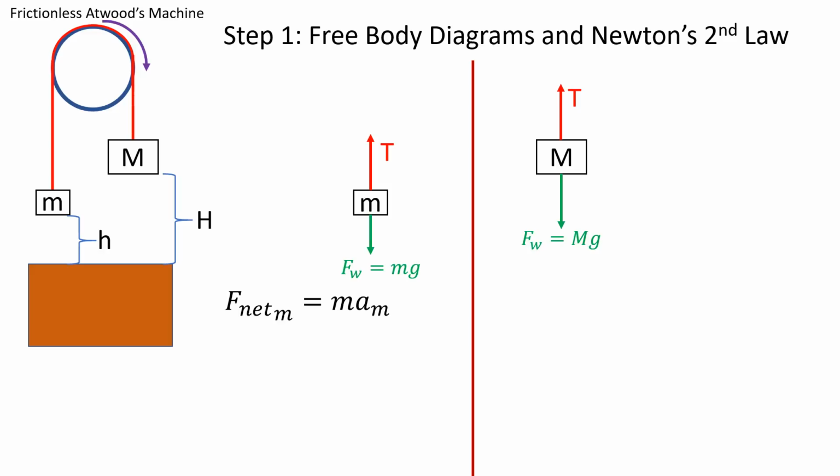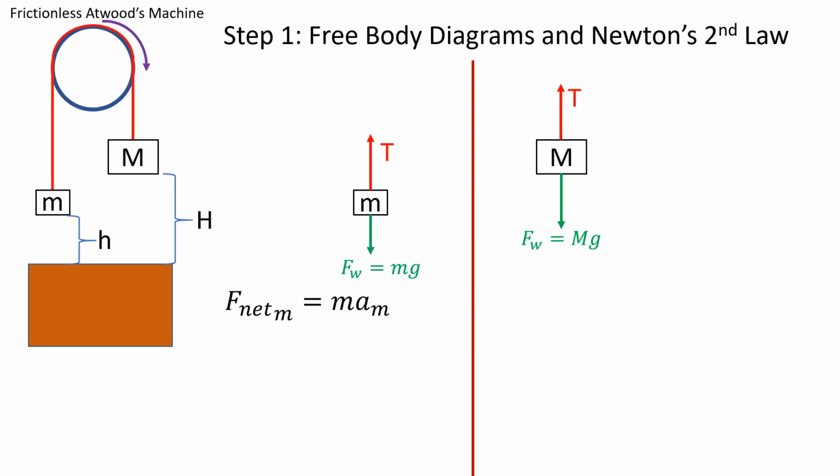So now if we do Newton's second law for each mass, we write F net equals ma. So F net on the mass small m is small m times the acceleration of that mass, a_m. And the next thing we'll note is that we need to pick a direction for positive. So I've drawn here a purple arrow indicating that I'm going to take clockwise as the positive direction.